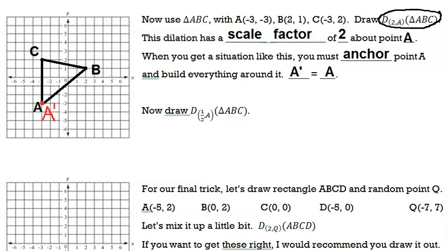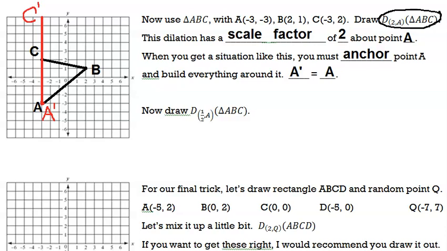So again, if you have a scale factor of 2, that means the side length is going to be twice as big. So basically, how far away is A from C right now? 1, 2, 3, 4, 5. Well, double that would be 10. So now the distance that A has to be from C is going to double. It is now going to be 10 units away.